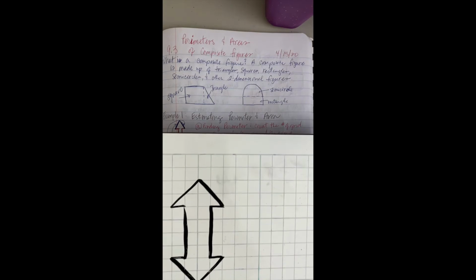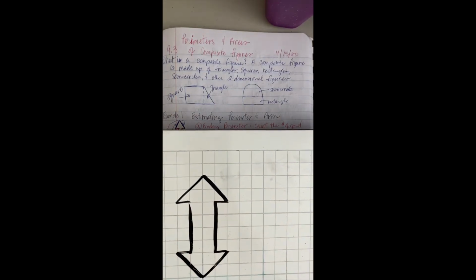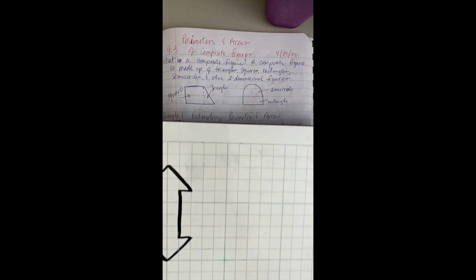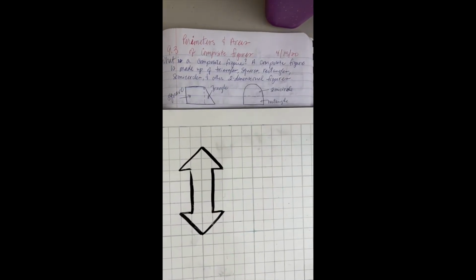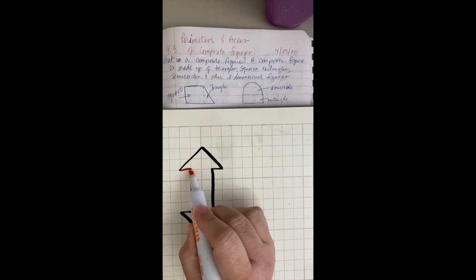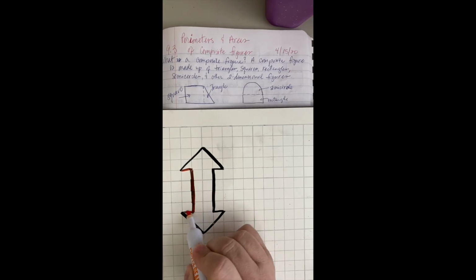To do that, your job is to count up all of the outside full box edges. So count the number of grid square lengths around the arrow. If we count those going around, we're counting this one: 1, 2, 3, 4, 5, 6.